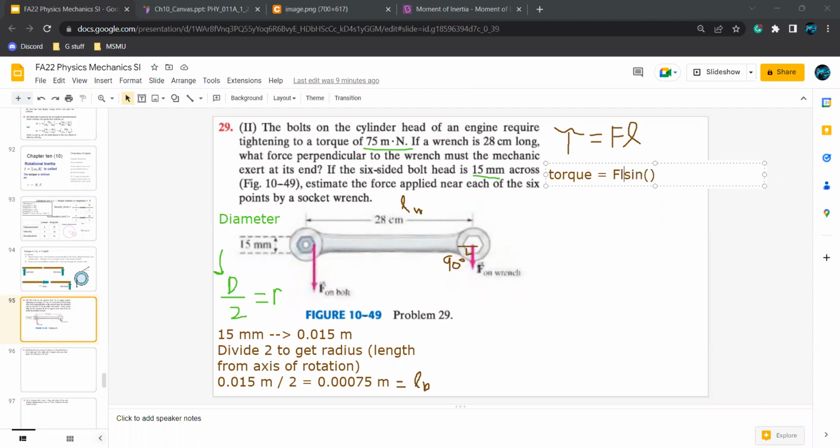So in this case, if perpendicular, theta equals 90 degrees.